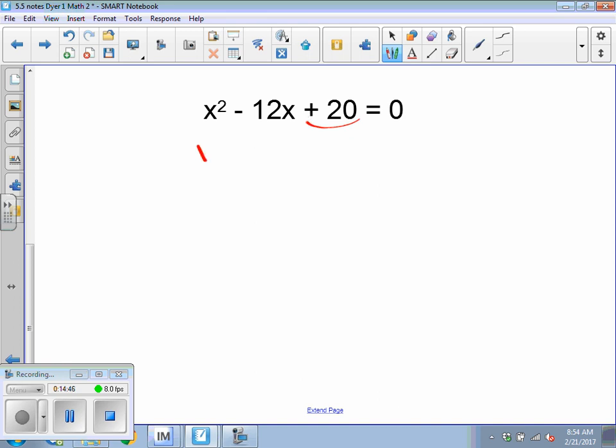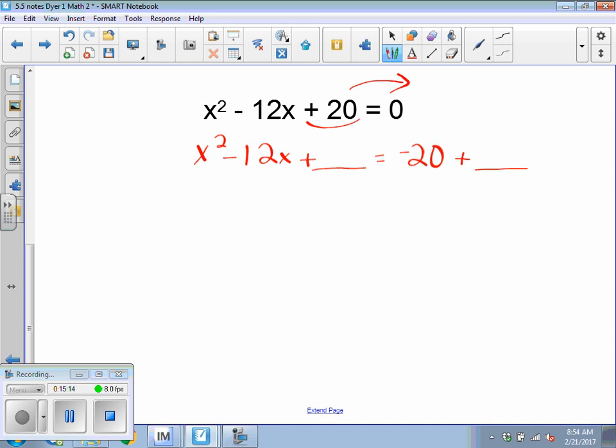It's not the right one. So, I have x squared minus 12x, but I'm going to leave a blank, because I'm going to add my own C, and I'm going to make it a perfect square trinomial. As long as I add the same thing to both sides, that's okay, right? So if I add something to that side, I have to add something to the other side. So first thing I did was I took the trash C and threw it over there. I don't want it. It doesn't serve my purposes.